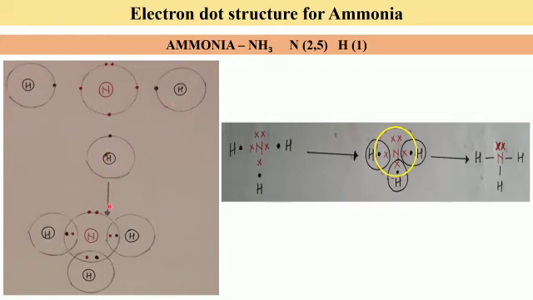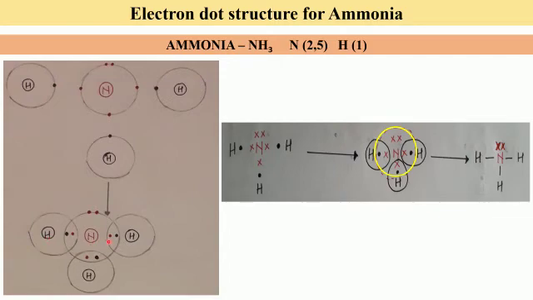Now after sharing, the structure looks like this. Nitrogen atom with the overlapping hydrogen atoms here, and in the overlapping region we will show the shared electrons. This is 1 from nitrogen and 1 from hydrogen, 1 pair of electrons being shared between this hydrogen and nitrogen.